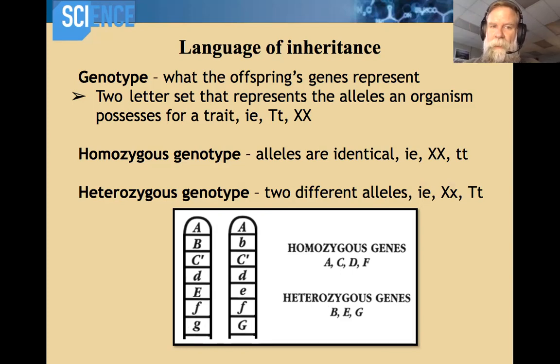And we use those to predict the probability of getting certain offspring. We use that two-letter set that represents the alleles of the organism for any given trait, and we try to use letters that are easy to associate with that trait. So for example, purple versus white flower, we use P. Capital P is dominant for purple, and lowercase p is recessive for white. And we use words to describe those genotypes. And so if those two alleles are the same, we would say that they are homozygous. So they could be homozygous dominant.